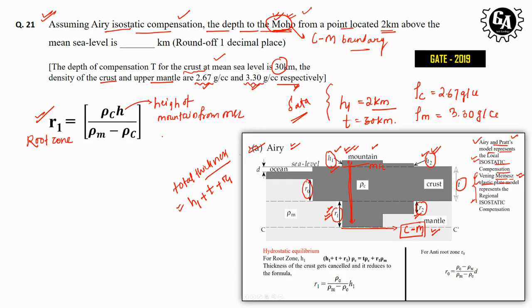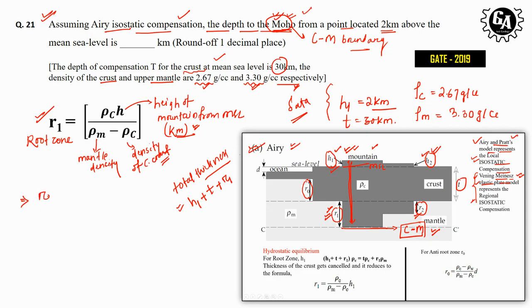Always remember, this height is in kilometer. Then rho c is the density of the continental crust, and rho m is the density of the mantle.